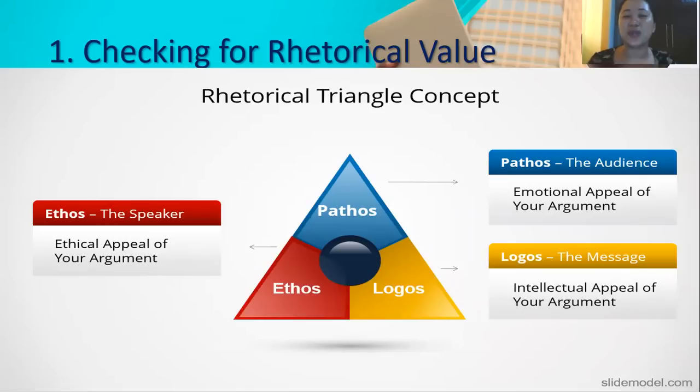This is the Aristotelian rhetorical triangle concept. So you have to consider 3 things in presenting: ethos, pathos, and logos. These are Greek words: ethos means ethics, pathos means emotions, logos means logic. So in ethos, as a speaker, you need to observe ethical standards of communication.